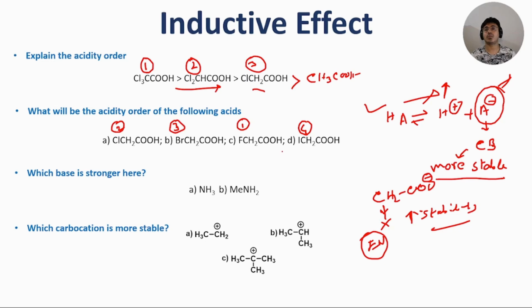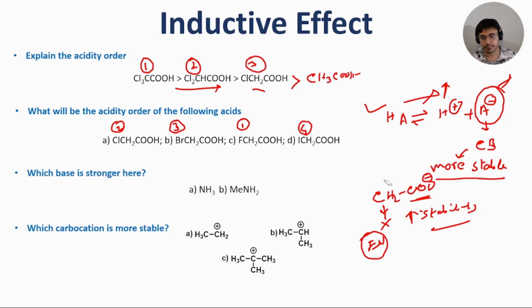So it will follow the order of electronegativity because the electronegativity will influence the stability of the conjugate base. The stability of the conjugate base will influence the acidity of the mother acid. So the more electronegative the atom attached at the alpha position of the acetate group, the more stable the conjugate base will be, and the more the acidity of the main acid.